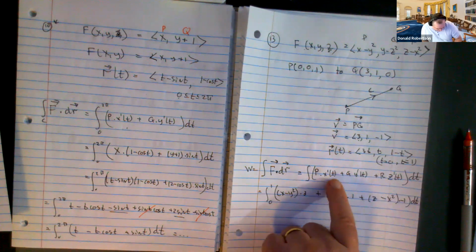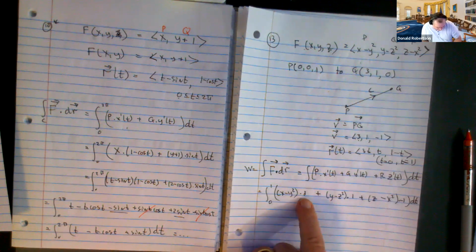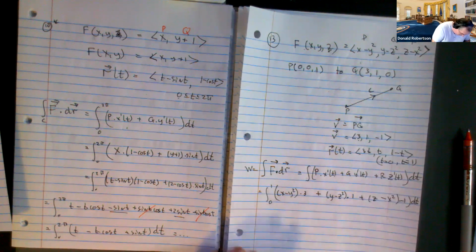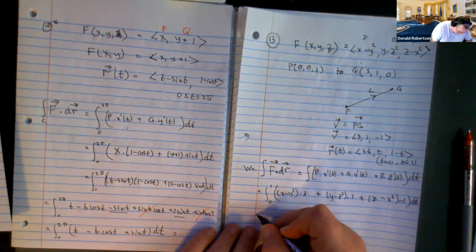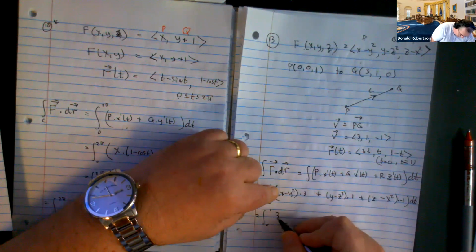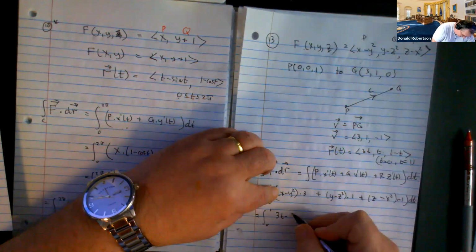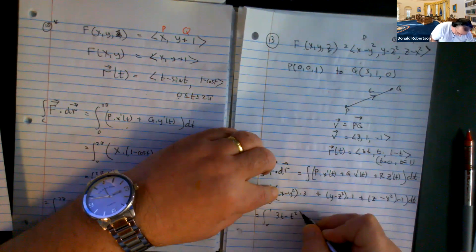So I've replaced the P, Q, and R by what they are in terms of x, y, and z. I've replaced the x dash, y dash, and z dash from here, which ended up being numbers, as it would be in a straight line. x now gets replaced by 3t, take away y squared, in this case take away that guy, times 3.